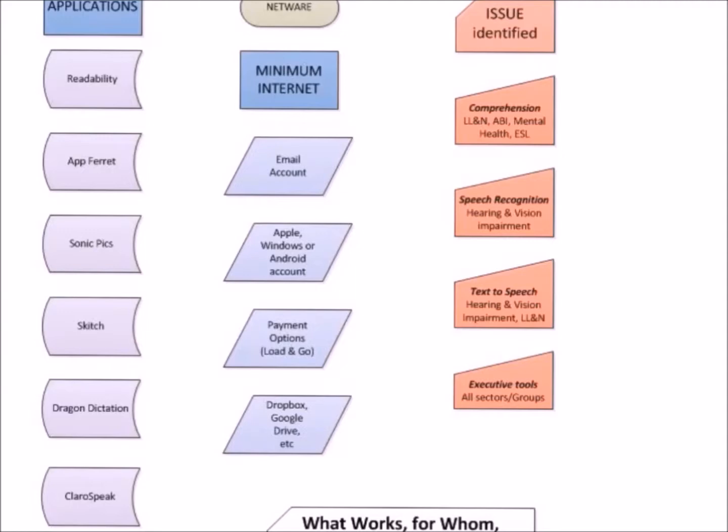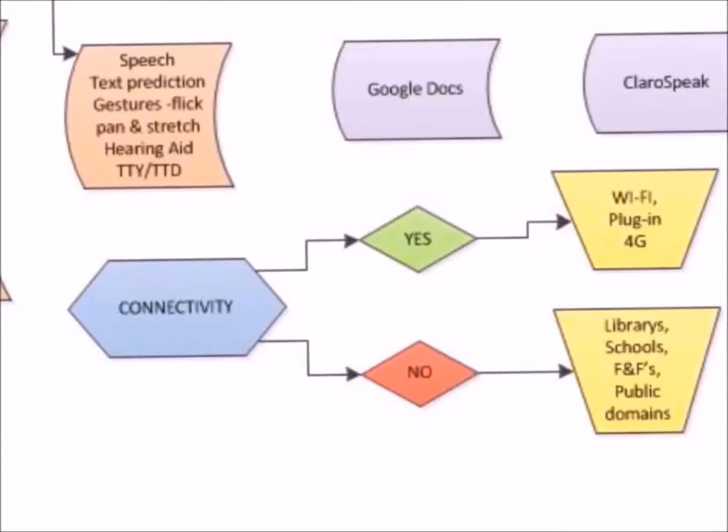One of the really big things to note here is connectivity. A lot of the functionality or features within a product, be it hardware or software, may be limited if it's not connected to the Wi-Fi internet of some description.